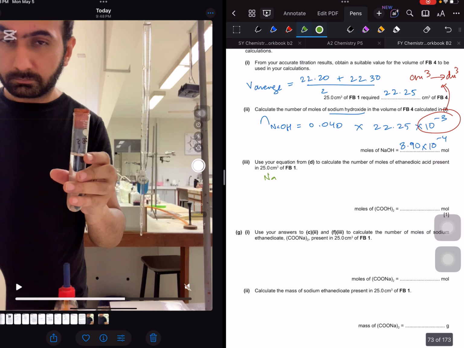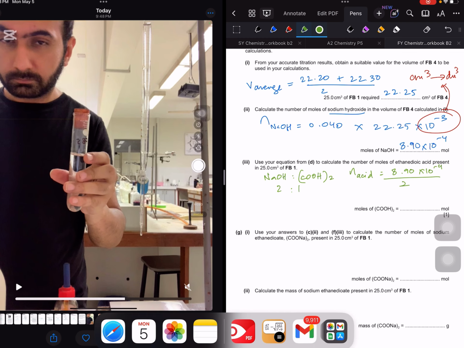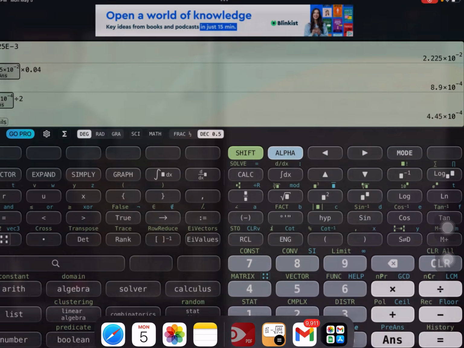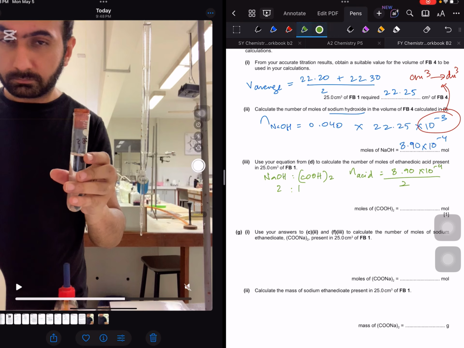So between alkali and your acid, 2 reacts with 1. So moles of acid equals 8.90 exponent minus 4 divided by 2. So I'll go back to my calculator and divide my answer by 2. That's 4.45 exponent minus 4.